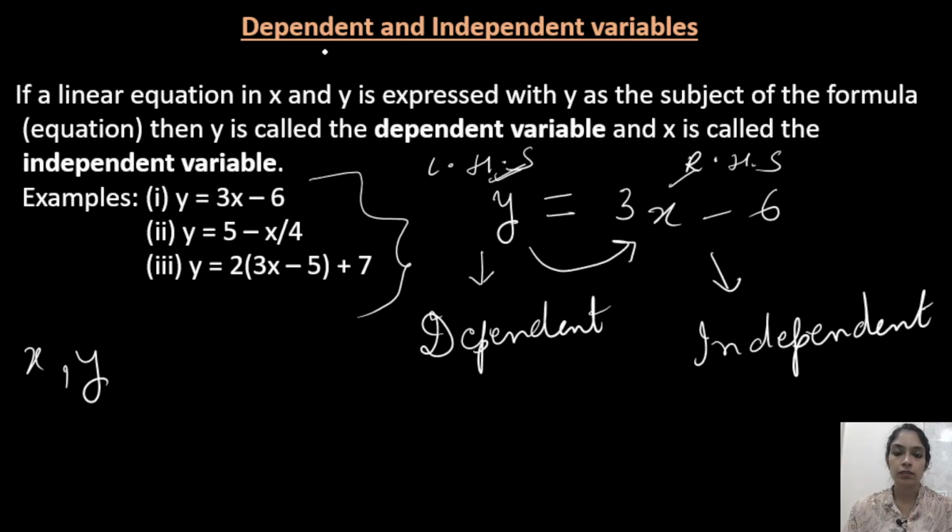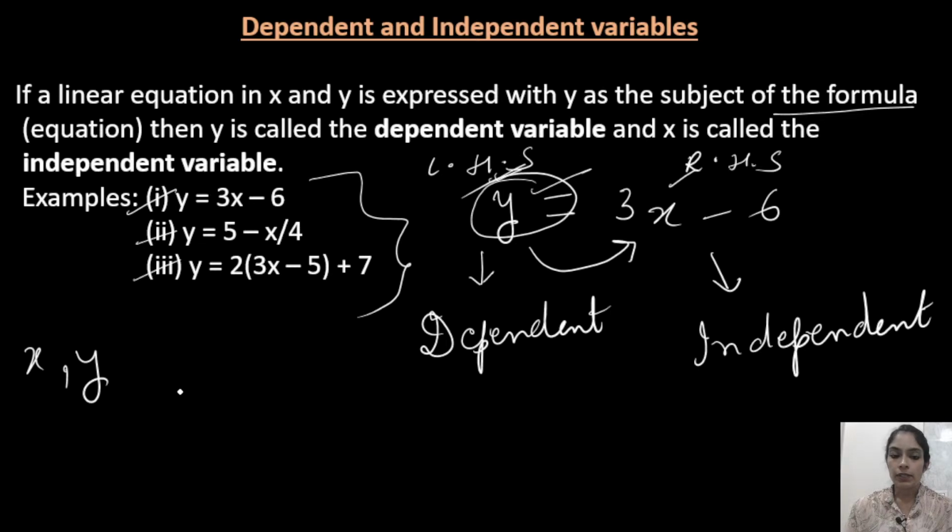That's why it's written in the definition that if a linear equation in x and y is expressed with y as the subject of the formula, subject of the formula means we are describing something about y, then y is called dependent and the other variable is called independent. So in all the three equations which I have given, the y variable is dependent.